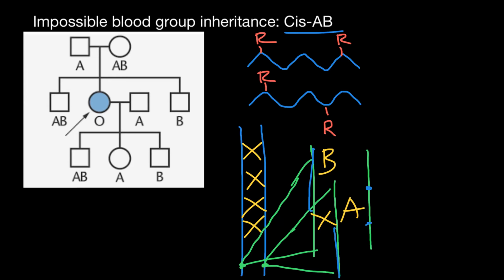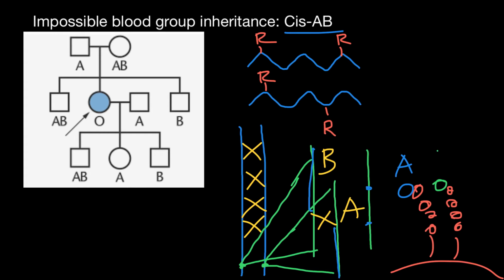So now this gene that codes for the enzyme would use a polysaccharide that is attached to the surface of the red blood cell, and sometimes would add an acetylgalactosamine, and sometimes would add galactose. So this means that this person would have both antigen A and antigen B.